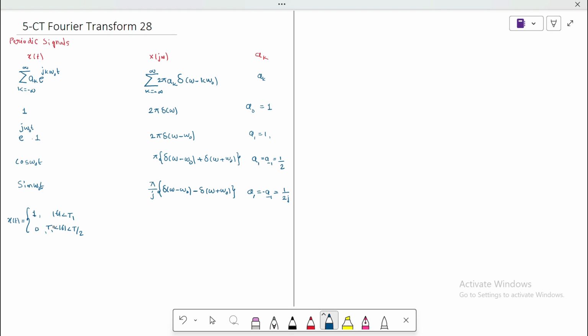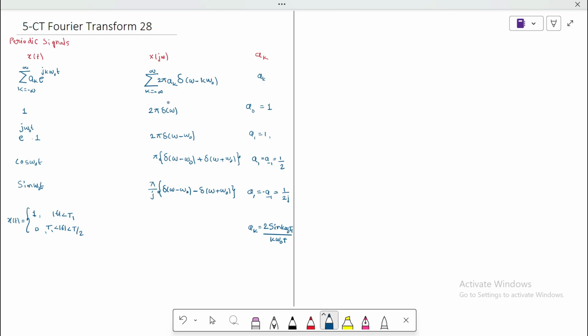We have taken the values for only one time period. For this case, ak equals 2 sine of k omega naught t1 divided by k omega naught t. This is the Fourier series coefficient.